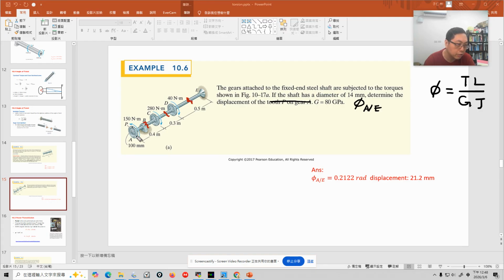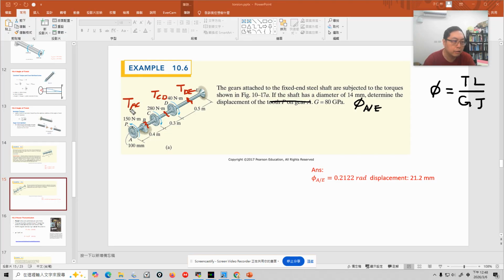This is TAC, let's ignore B, then the internal torque TCD, and the internal torque TDE. These internal torques will cause the deformation, or angle of twist.